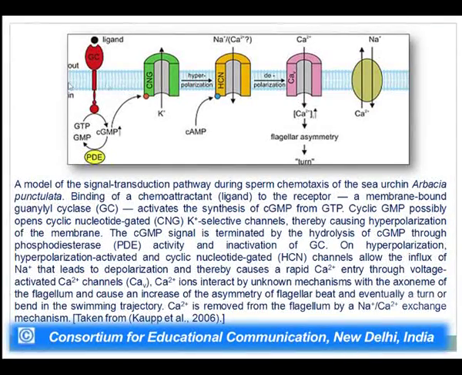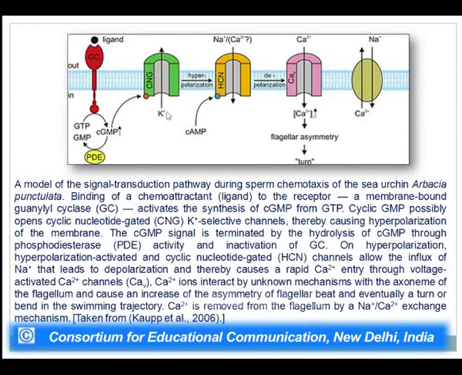This is the sperm plasma membrane, and at the membrane there are these GC receptors. The ligand is the RESACT molecule. When RESACT attaches to this receptor, the synthesis of cGMP is activated. This cyclic GMP possibly opens the cyclic nucleotide-gated potassium selective channels.